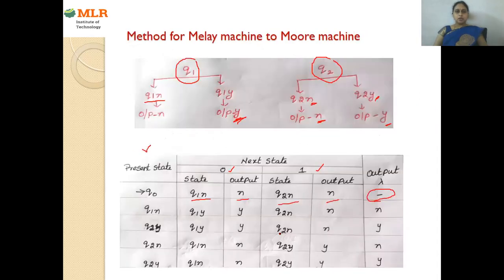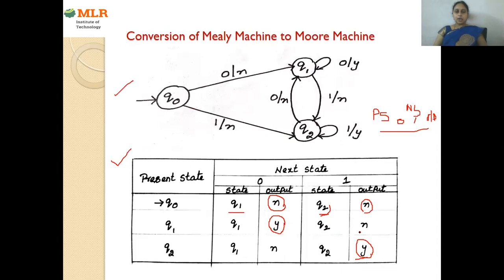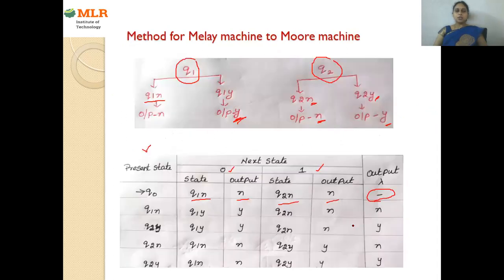That's why, Q1Y, the output is Y, and Q2N, the output is N. That's why we write the state here as Q2N with N. Now, whatever you have represented for Q1N, the same thing should be represented for Q1Y also. We don't have separate states for it. That's why we represent the same state as Q1N.